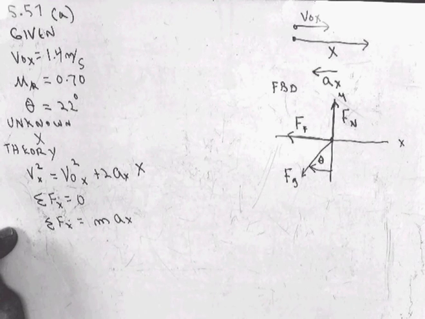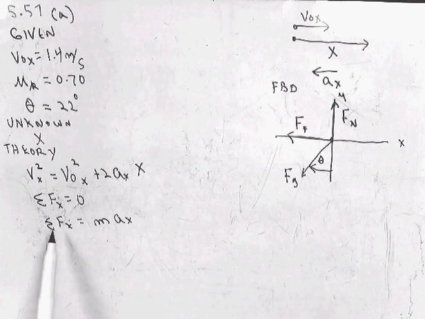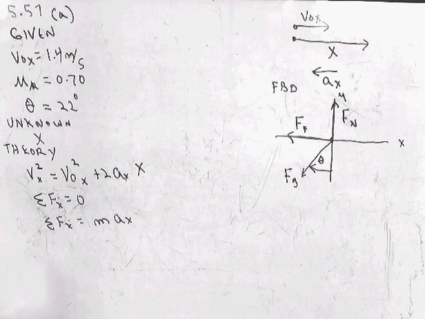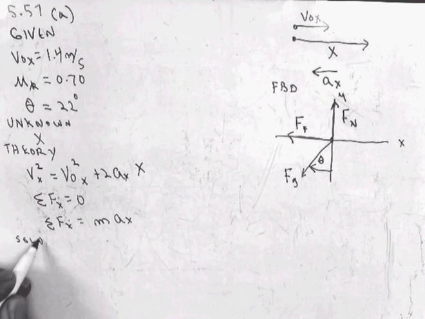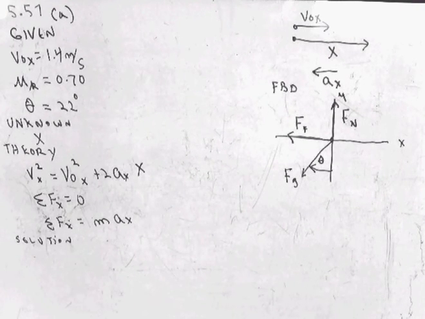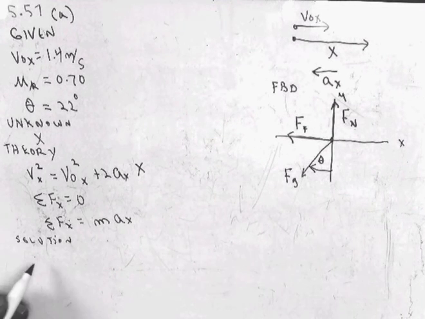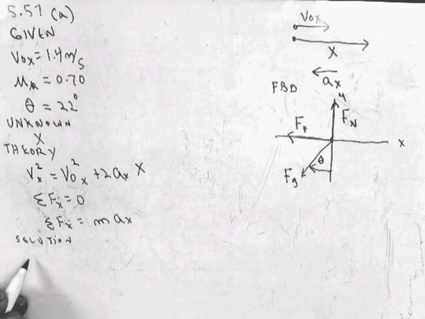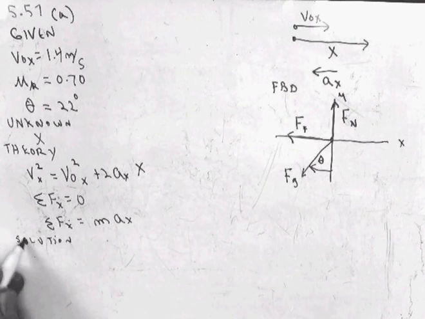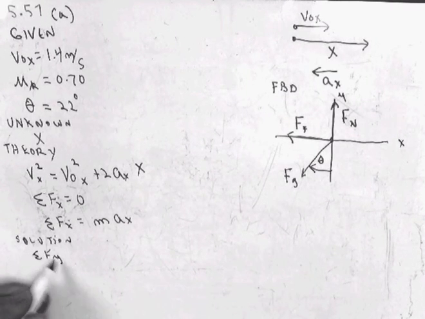So let's go. What we have to basically do is sum the forces, and we're going to need the friction force, so we might as well go ahead and get the friction worked out. The sum of the forces in the y direction would be the normal force. Sum of the forces in the y equals 0.